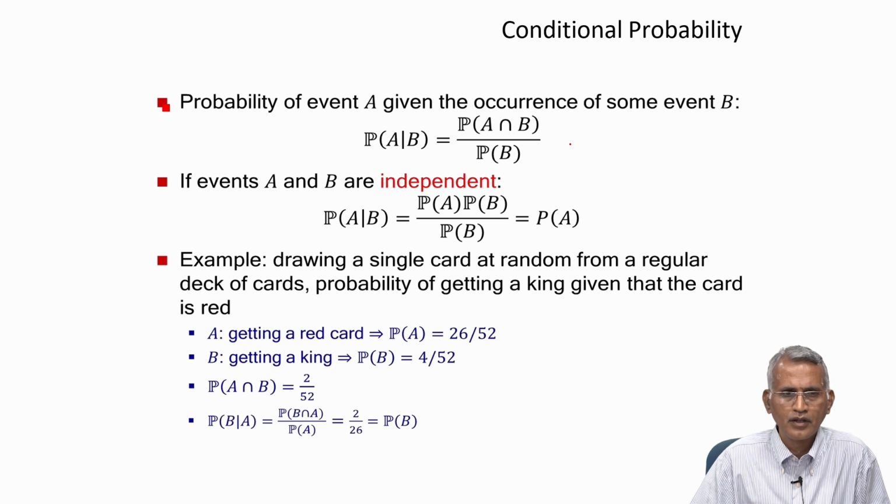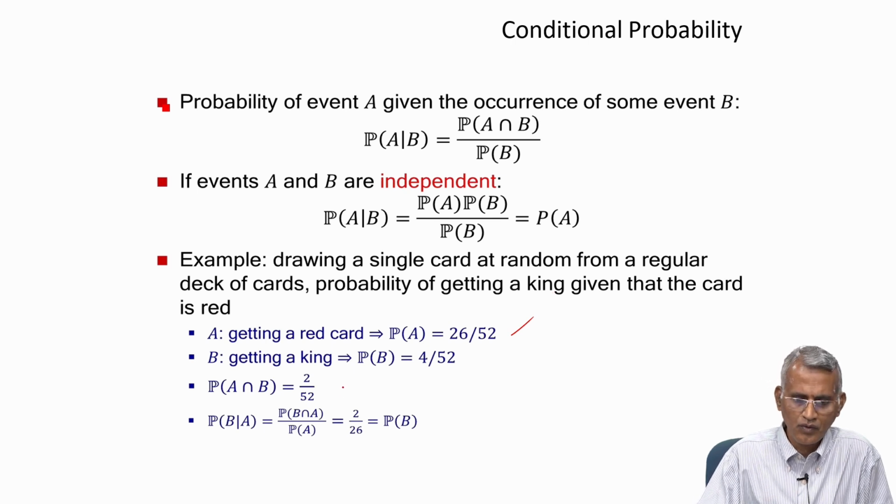One example based on this: drawing a single card at random from a regular deck of cards, the probability of getting a king given that the card is red. A means getting a red card, so the probability of A equals 26 by 52, and B means getting a king, the probability of B equals 4 by 52. The probability of A intersection B equals 2 by 52.